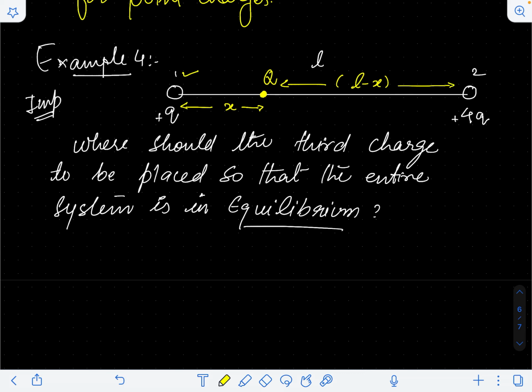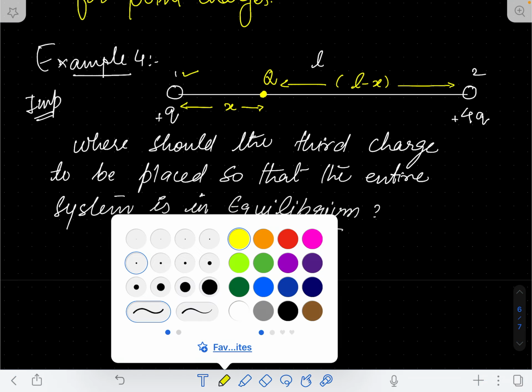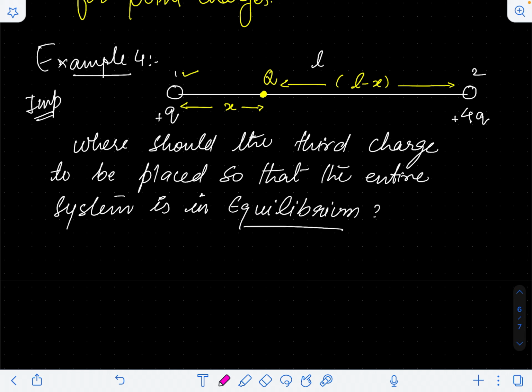Again, what should be the nature of this third charge? Let's discuss the nature of this third charge. This third charge must be negative in nature. Why negative? Let's consider if it is positive, then what will happen? If it is positive, then the 4q charge applies a force on q in this direction.